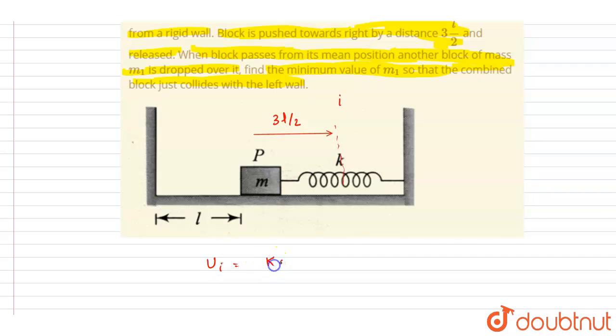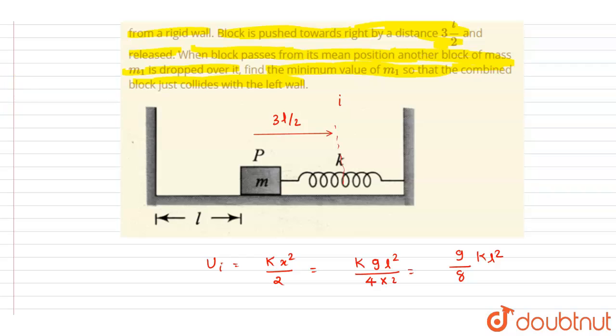It is simply half K x squared, where x is 3L/2, so it will be 3L squared by 4, times 1/2, which is 9/8 KL squared. This is the energy stored in the spring in the form of potential energy.